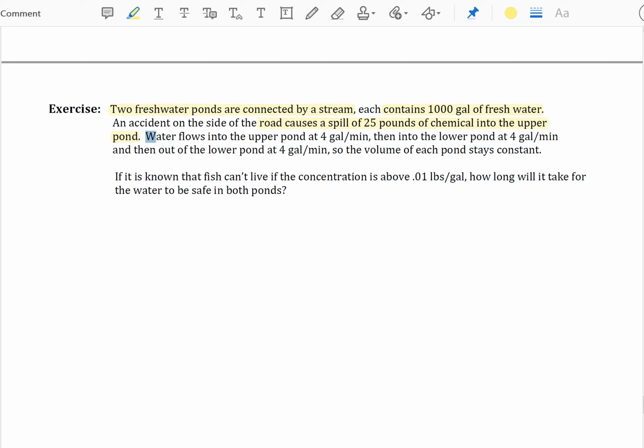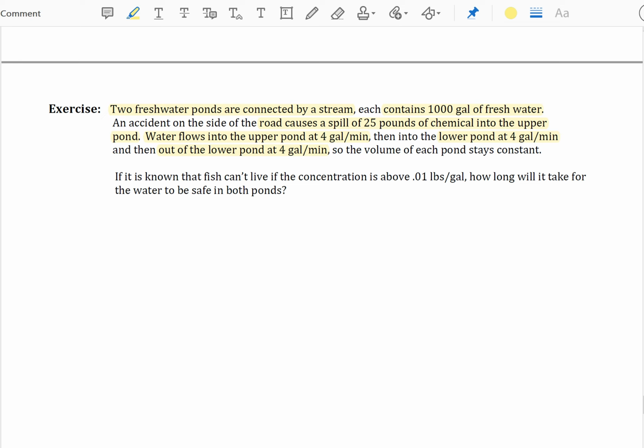Water flows into the upper pond at 4 gallons per minute, and then into the lower pond at 4 gallons per minute, and then out of the lower pond at 4 gallons per minute. So the volume of each pond stays constant.